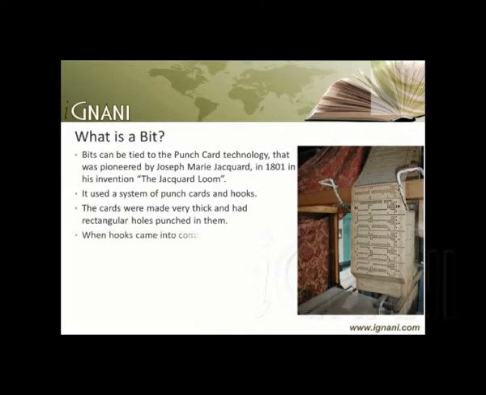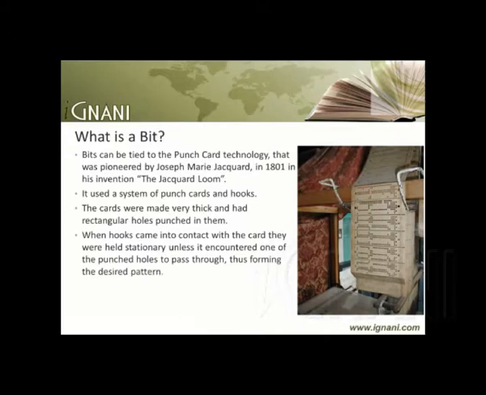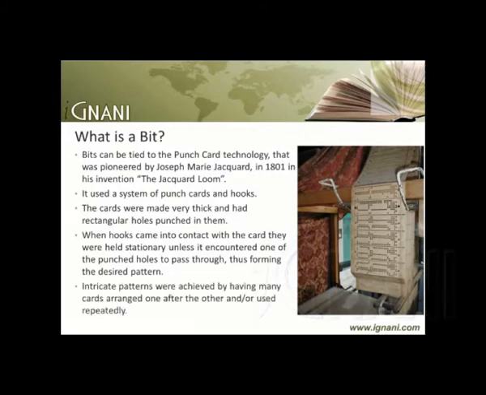When the hooks came into contact with the card, they were held stationary, unless it encountered one of the punched holes. Then, the hook was able to pass through the hole, with a needle inserting another thread, thus forming the desired pattern. Intricate patterns were achieved by having many cards arranged one after the other, and were used repeatedly.